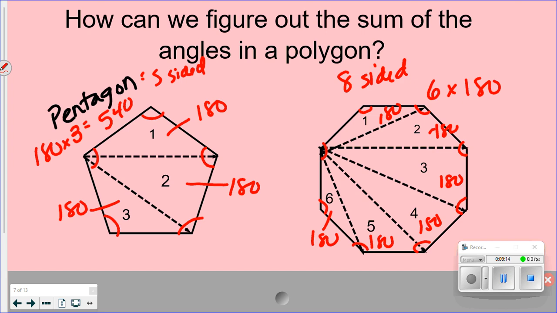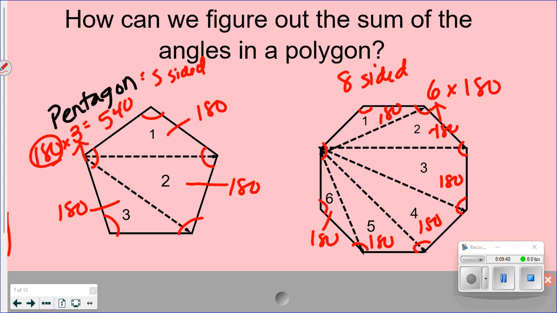So you can probably see some relationships. My pentagon has 5 sides, but I multiplied 3 by 180, and my octagon had 8 sides, and I multiplied 6 by 180. You're always going to multiply by 180, but how do you get the number of triangles? And it's very, very simple.